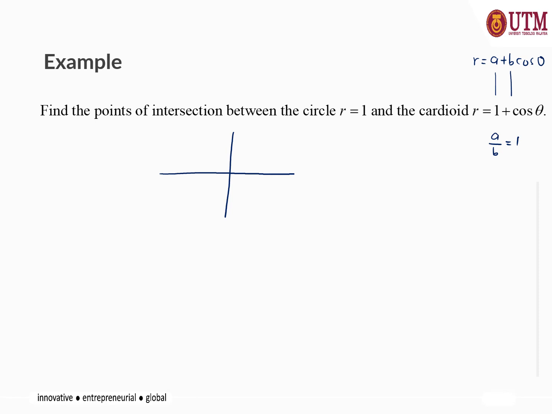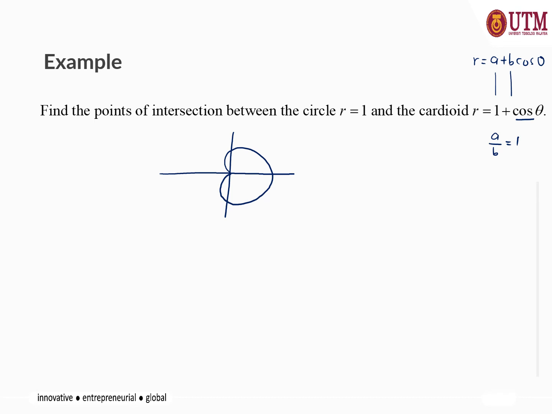So since the equation is cos theta, meaning that the graph is on the x-axis. So it would be something like this. Okay, and then we have this circle r equals 1, meaning that for every angle, the radius is equal to 1.